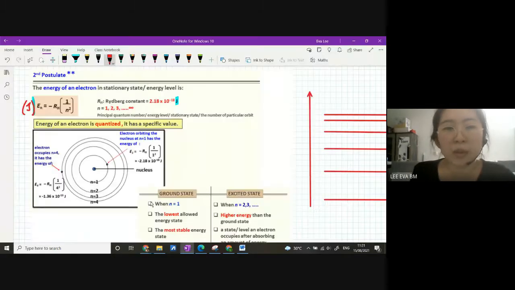So to come back to our content, if you want to calculate the energy of an electron, we are using this constant. The value of n depends.